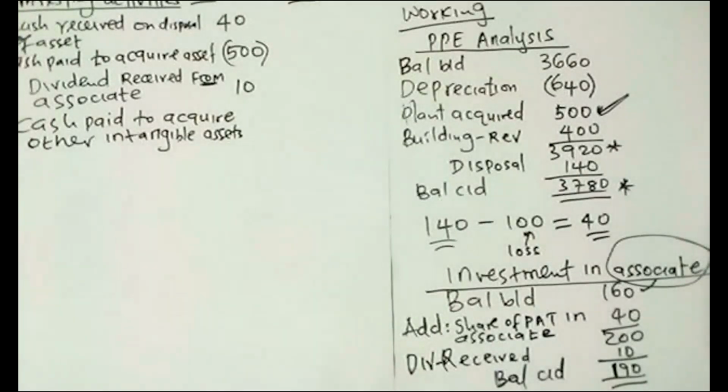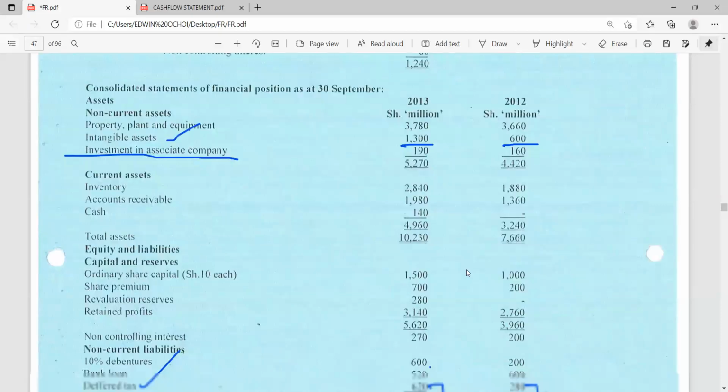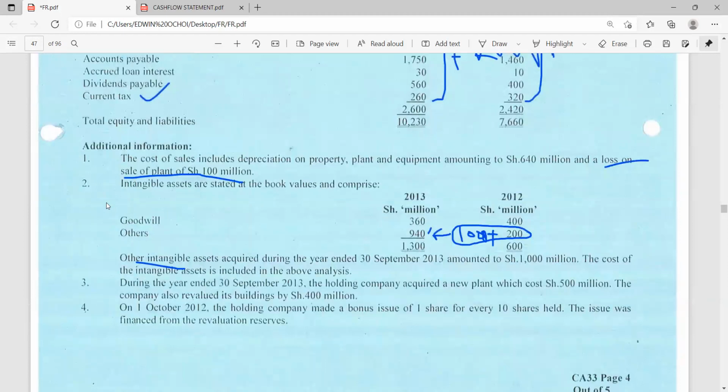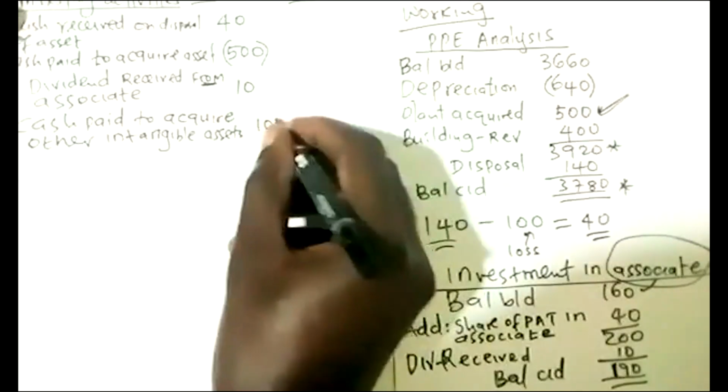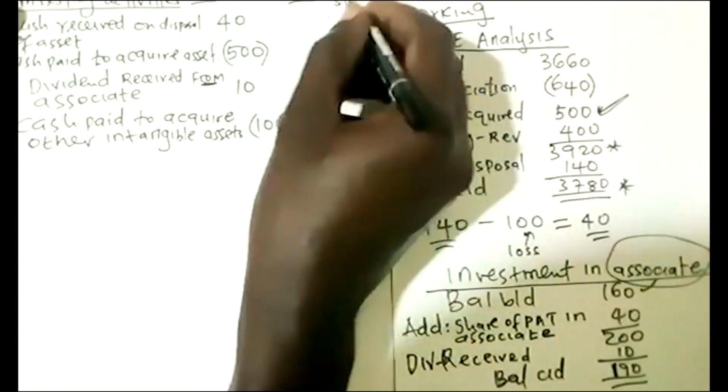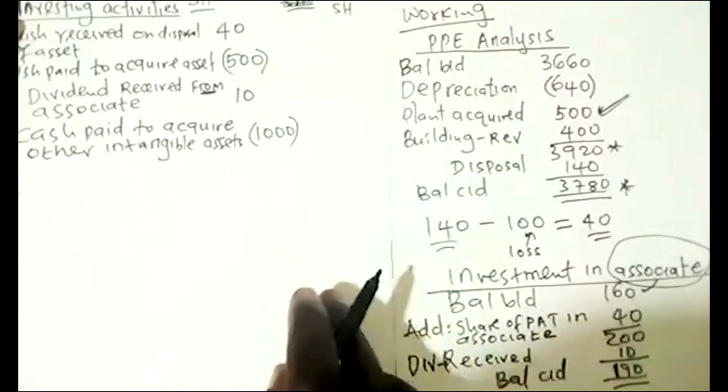Which other intangible assets am I talking about, students? The intangible assets I'm talking of is this amount under additional information number 2. Remember, down here, they said other intangible assets acquired during the year amounted to 1,000. So they paid cash of 1,000.